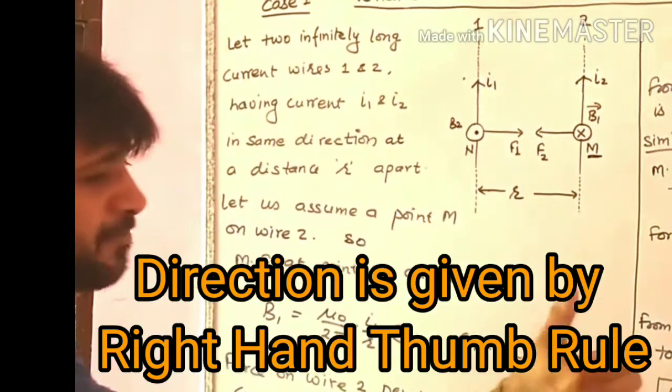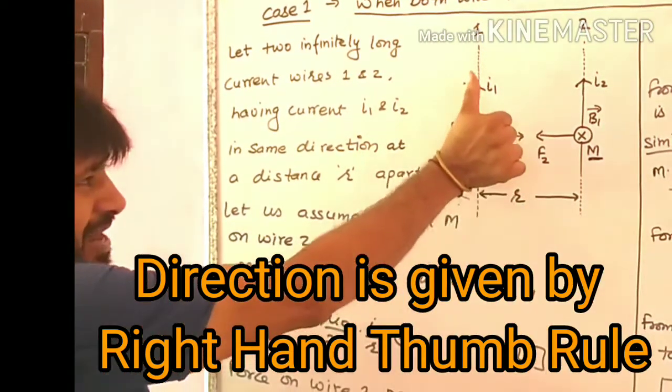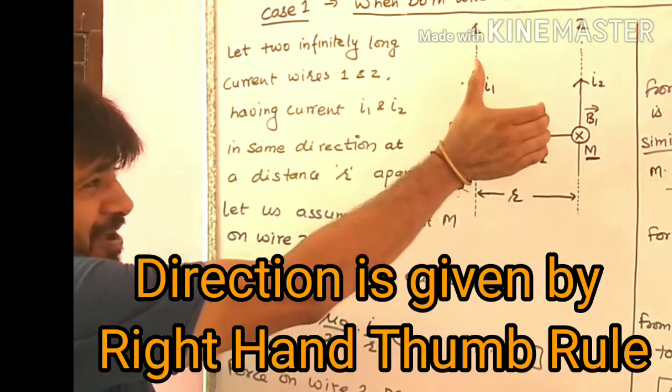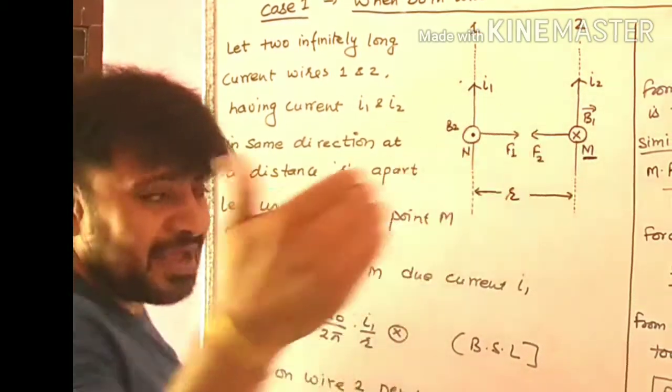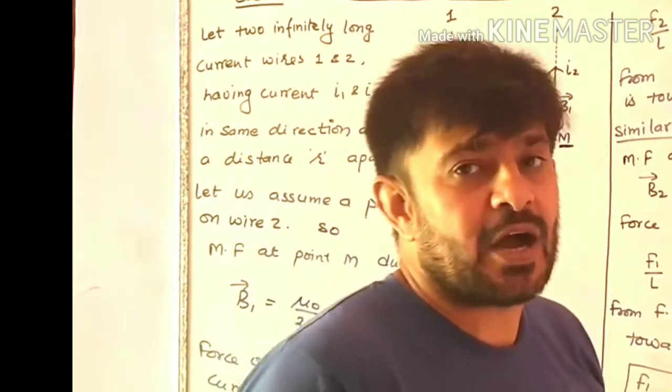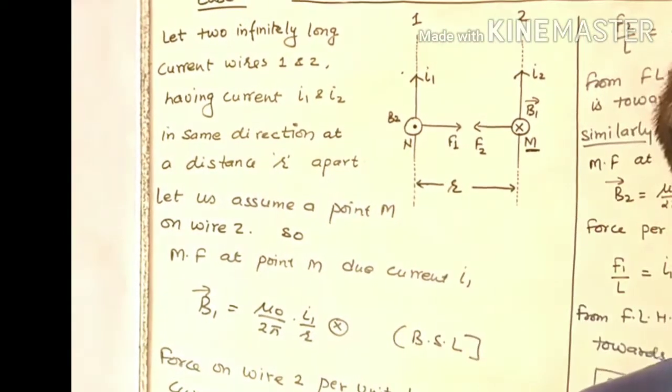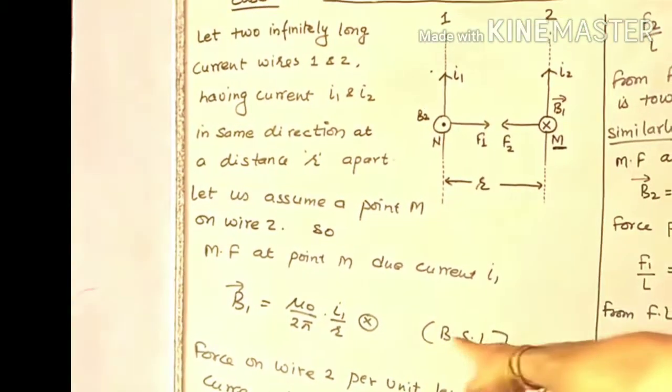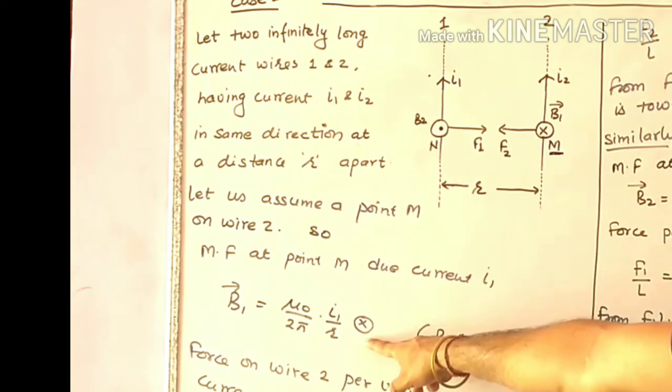According to this rule, if I keep my thumb in the direction of current, then curling fingers show the direction of magnetic field. Since curling fingers are getting down into the plane of board, it will be called a cross direction. So direction of this magnetic field will be cross direction.